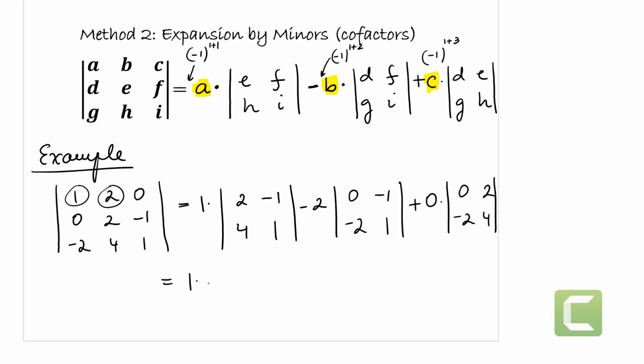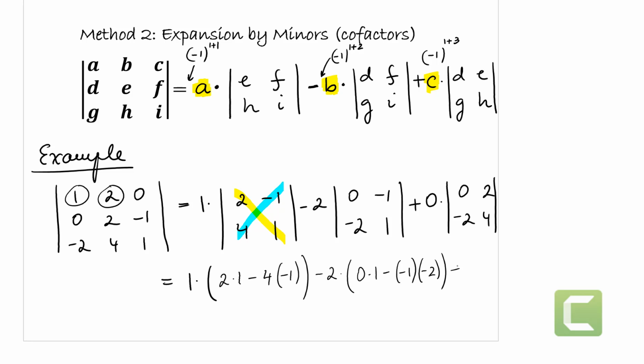So we get 1 times, and then we multiply these two, and then we multiply these two, so we get 2 times 1 minus 4 times negative 1, minus 2 times 0 times 1 minus negative 1 times negative 2, plus 0.